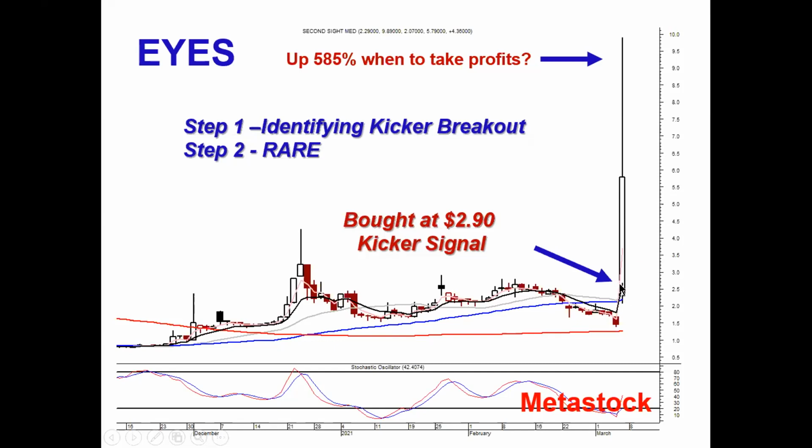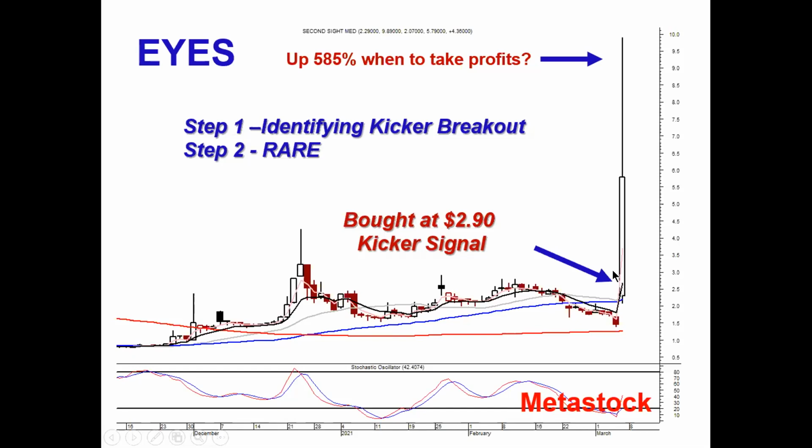So when this was trading at $2.90, we identified the kicker signal breaking out of this level, and we used our process, which was to go back and investigate what the news was that created it.